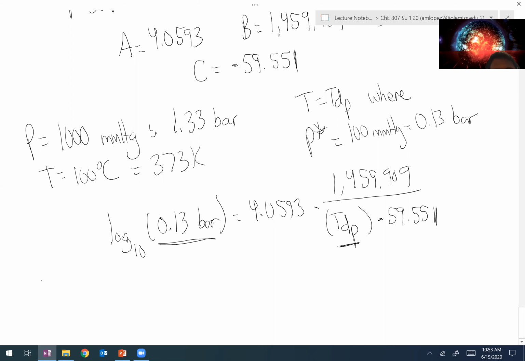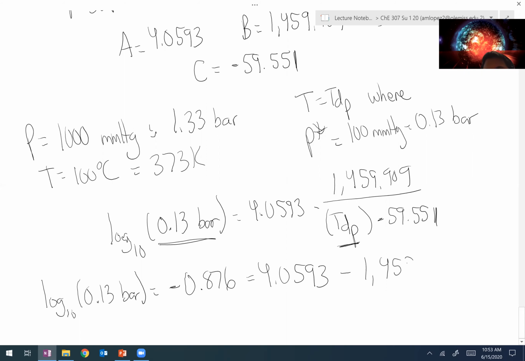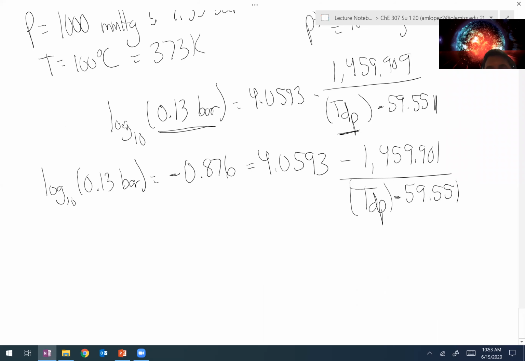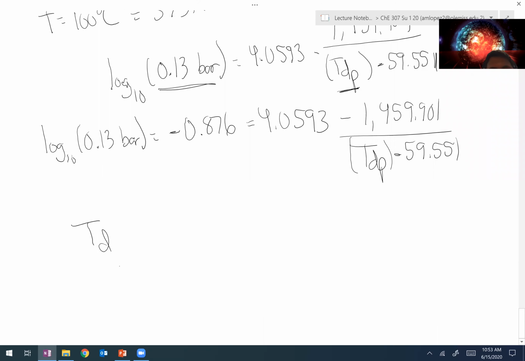So this log 0.13 bar is about negative 0.876, which equals 4.0593 minus 1,459.909 over the dew point temperature minus 59.551. So what do I get for my dew point temperature? Keeping in mind this will give it to us in Kelvin.